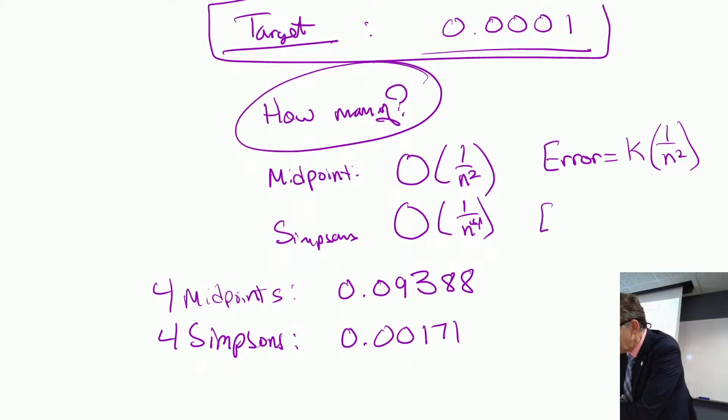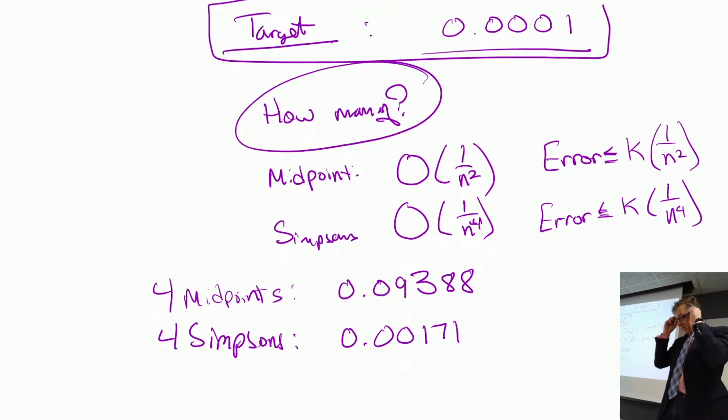And same thing here, the error will equal some number. I don't know what number it is. Well, I should say it's less than or equal to, but these are pretty close to being exact here.